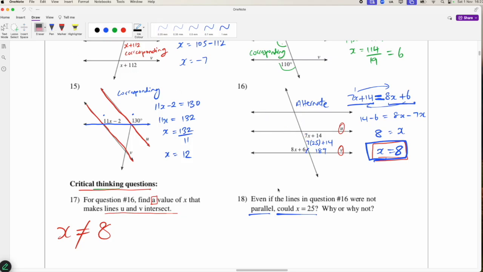But they said that the lines in question were not parallel. Yeah, the lines would just be intersecting. Even if the lines were not parallel, remember, this is supposed to be a straight line. If this angle here was 189, then this wouldn't be a straight line anymore, would it?